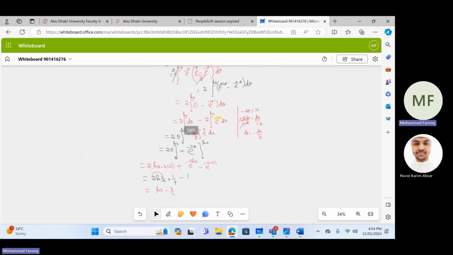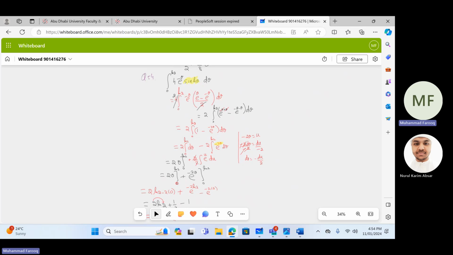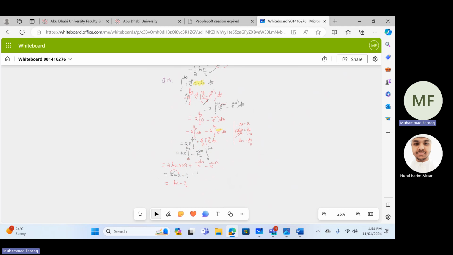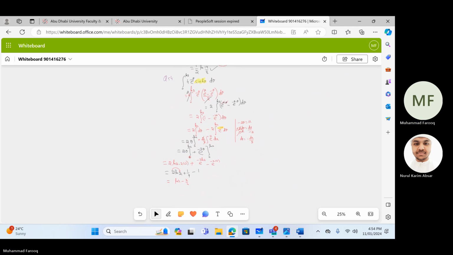So this is our topic number 1 in 7.7, derivative and integration of hyperbolic function. We have one more topic in 7.7. What is that? Inverse hyperbolic means same like trigonometric function, then inverse trigonometric function.